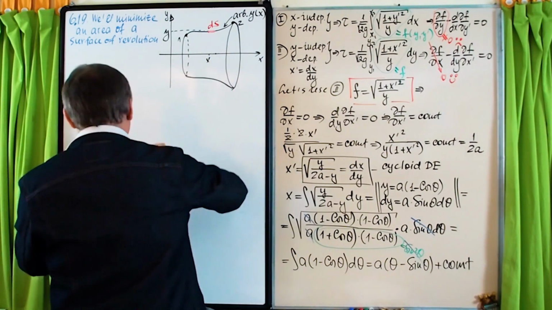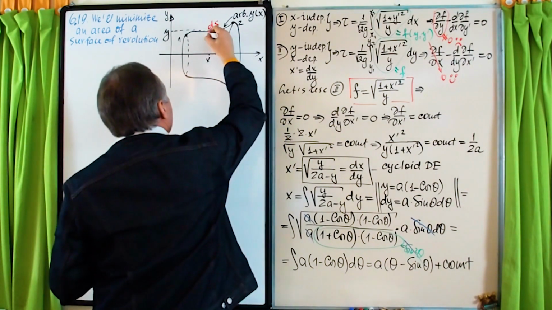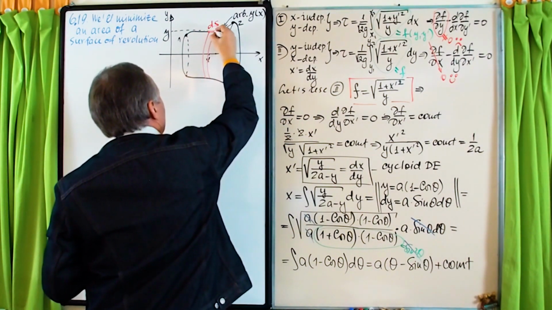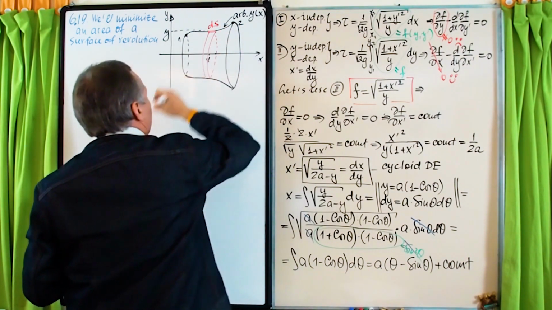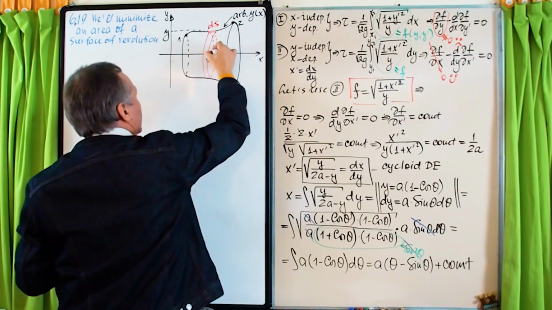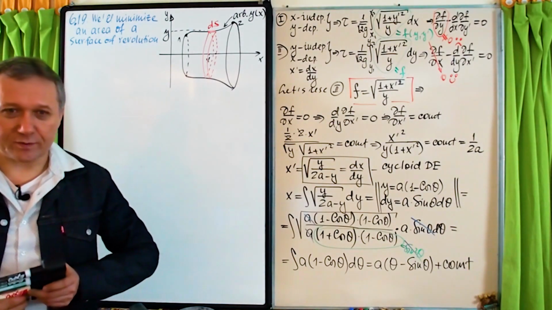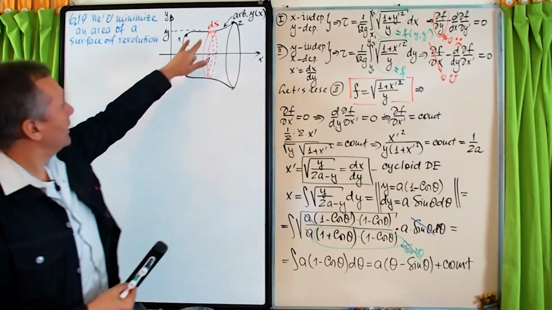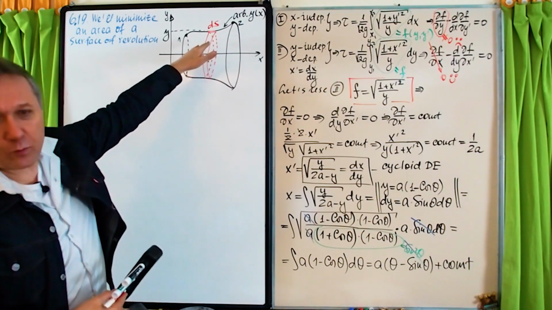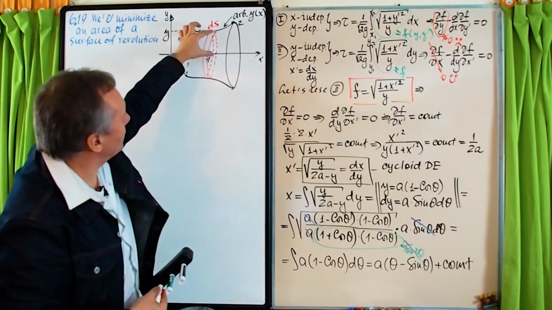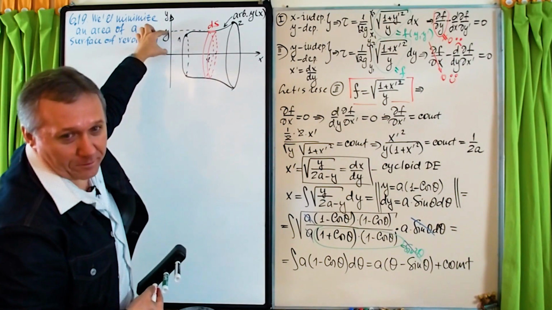Okay, so let me draw this ring. Of course, over there it will be represented by a dash line. So a small slice of this surface, a small ring, of width ds, and radius y, right?